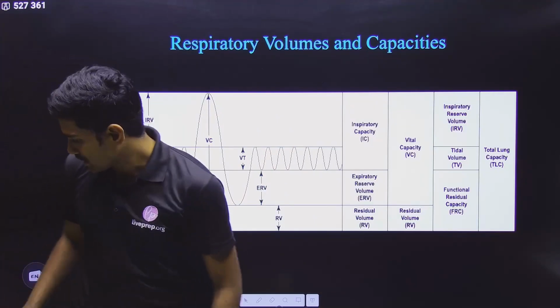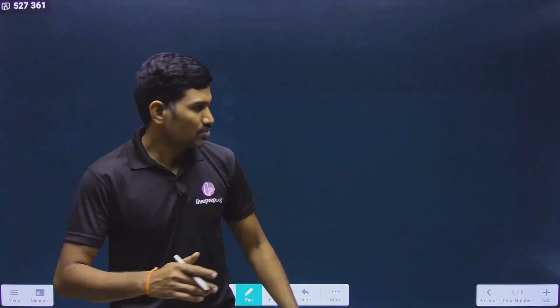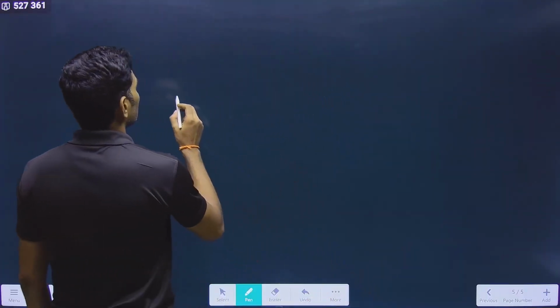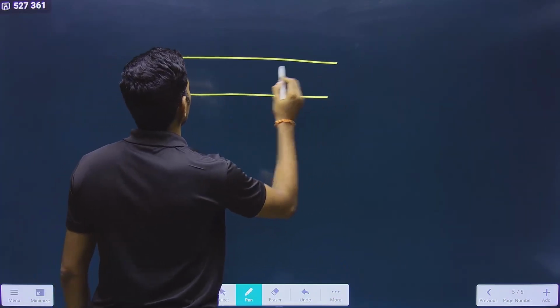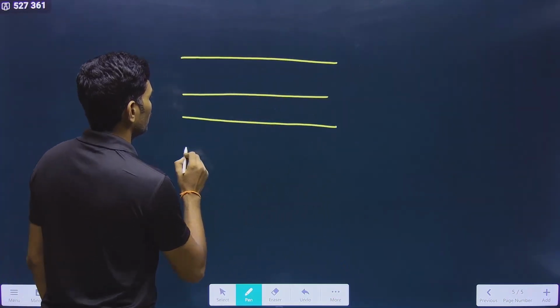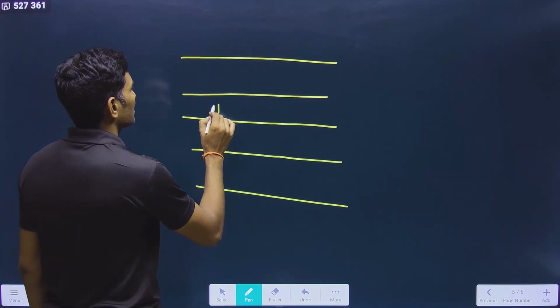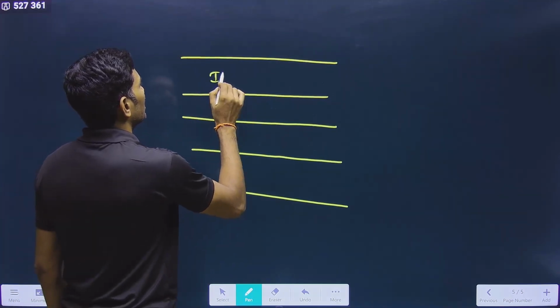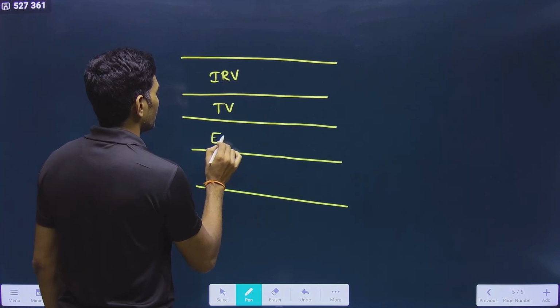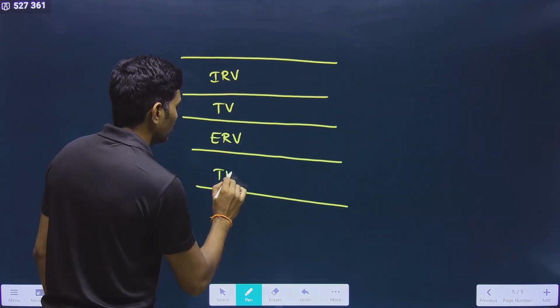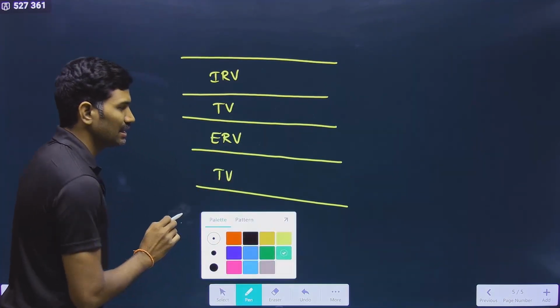Clear? So this is what they are saying, and the same thing I will try to explain here on the board. Now let us divide this into 1, 2, 3 and 4. Here they are mentioning the tidal volume, inspiratory reserve volume, expiratory reserve volume and residual volume. These are the 4 things that they are mentioning.